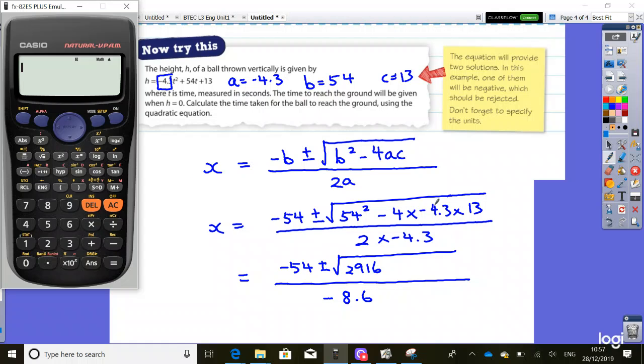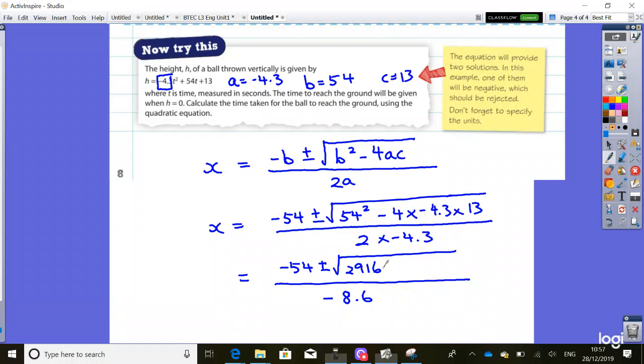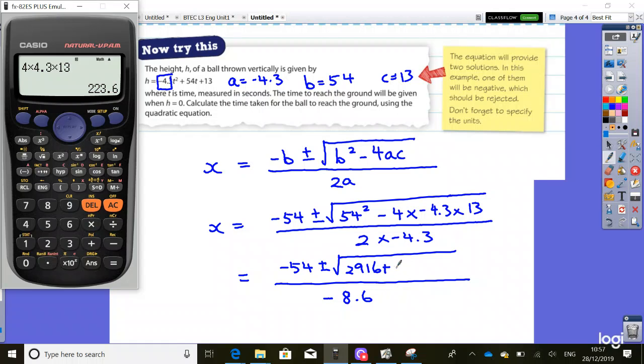We know that minus minus makes a plus, so the answer is going to be positive. Let's just ignore the sign and multiply: 4 times 4.3 times 13, and that gives me plus 223.6.